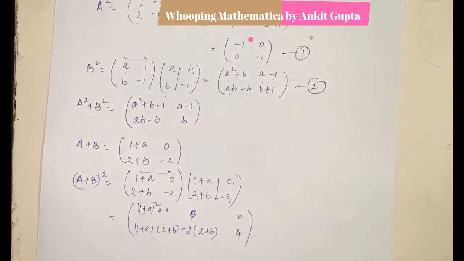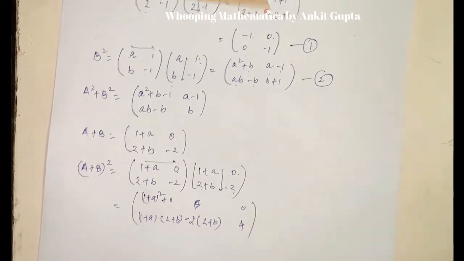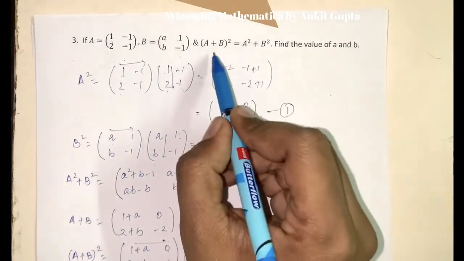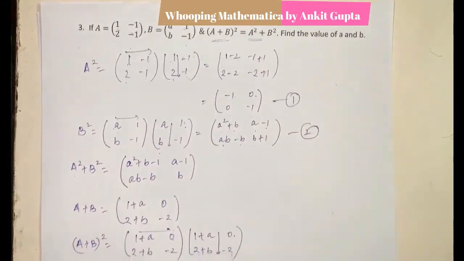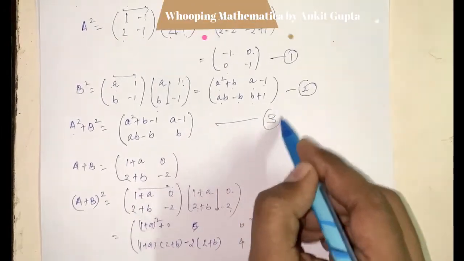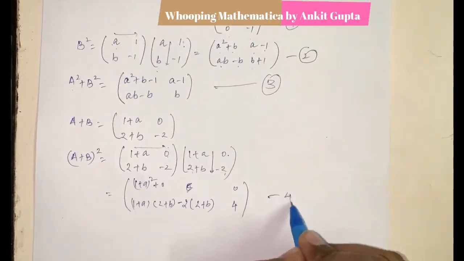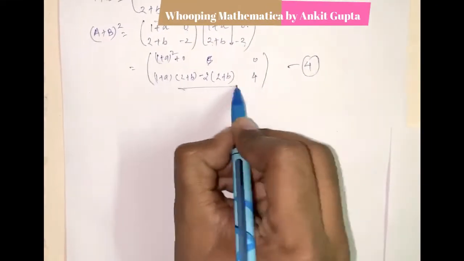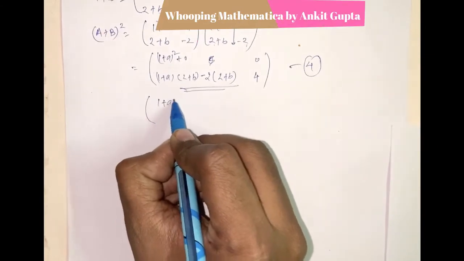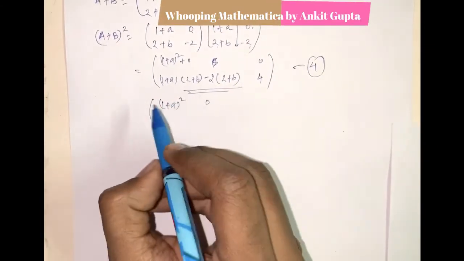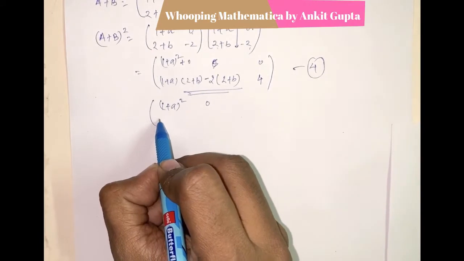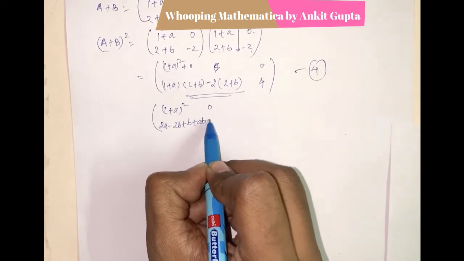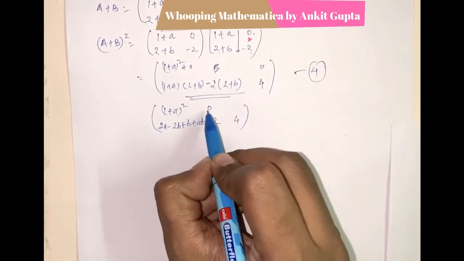Let us make this equation 3, and now the question says we need to find the values of small a and small b, given that (A plus B) whole square is equal to A square plus B square. So we can equate equation 3 and equation 4. If we simplify this matrix, we are going to get (1 plus a) whole square, 0, and 2a minus 2b, 2a minus 2b plus b plus ab minus 2, and 4.